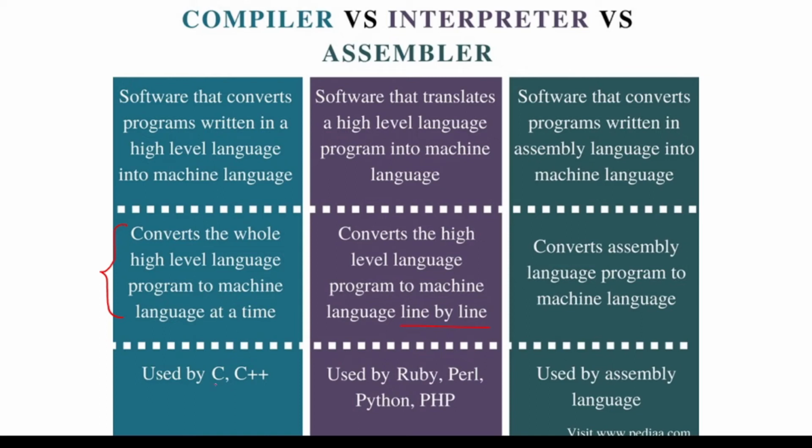Generally, languages like C and C++ use compilers, while Python, MATLAB, Scilab, and other high-level languages generally use interpreters. Being an electronics engineer, you will also need to understand what assembly language is and what assemblers are. More on that when you come to higher semesters.